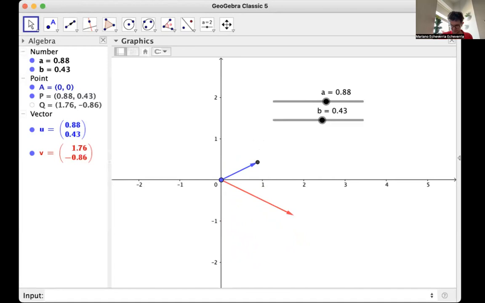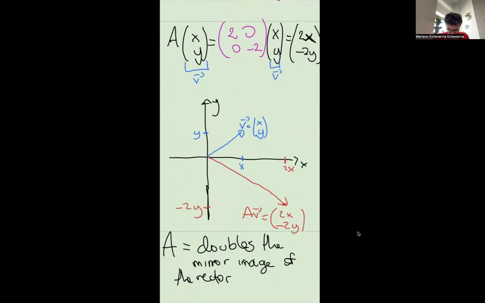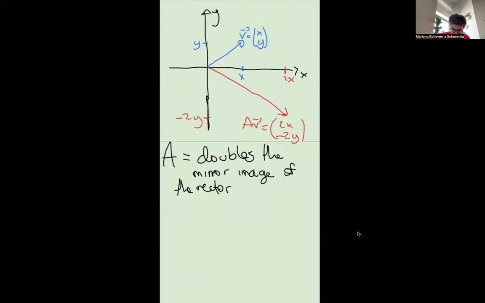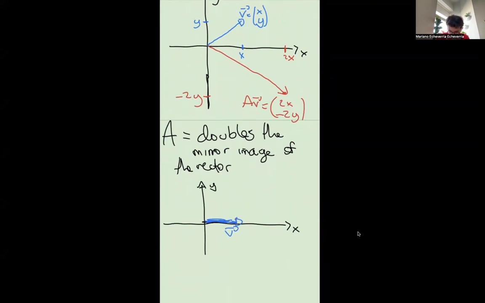So let me write down what we just found. I'm about to give you a way to find this as a method, but what I'm trying to say is that if you just look geometrically, if you choose a vector on the x-axis, then the red vector happens to be on the x-axis as well.